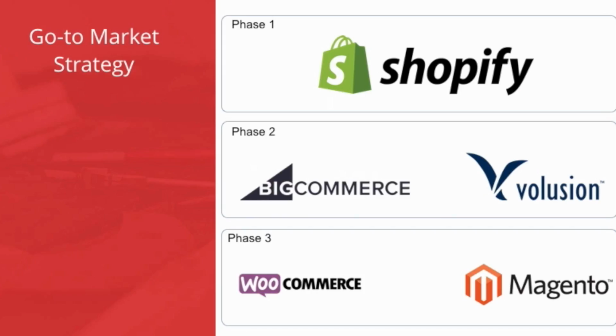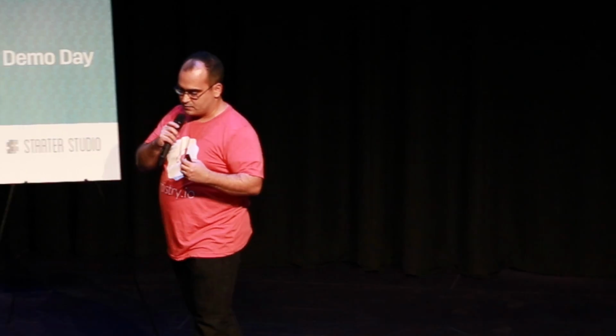Our go-to-market strategy is divided in 3 different phases. Phase 1 will be focused on Shopify, and we are around 70% complete on that phase. The main 2 ingredients of our strategy is that we're going to be obsessed with finding the customer needs, a lot of customer interviews, etc. And we're going to partner up with web agencies who already have the support channels and the direct contact with our Shopify stores.